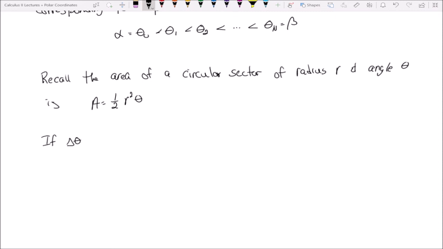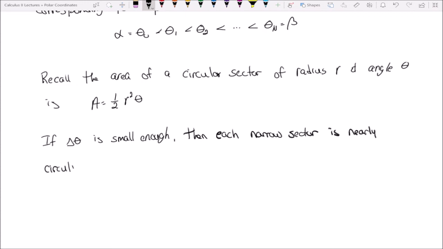If our delta theta is small enough, then each narrow sector is nearly circular.